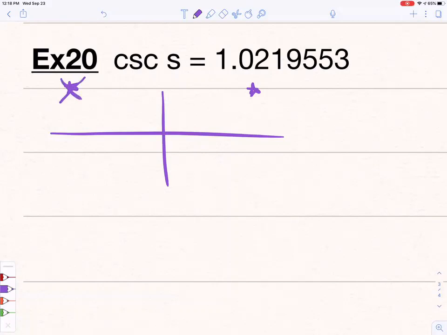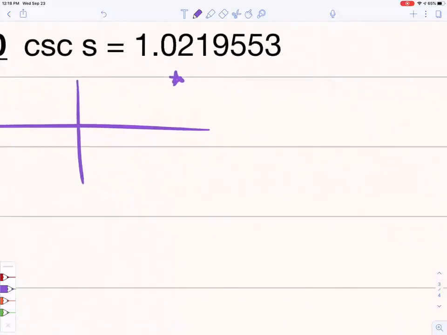Okay, all right, so I have my plan, but I don't have a cosecant inverse button. So what do I need to do to be able to proceed with inverses? Yeah, so sine S is equal to 1 over 1.02.